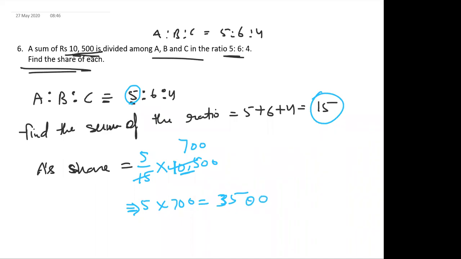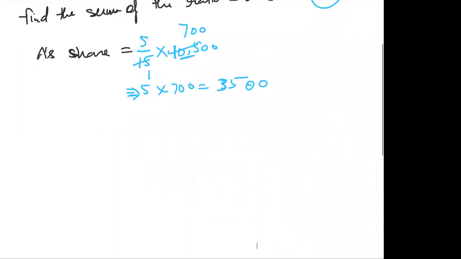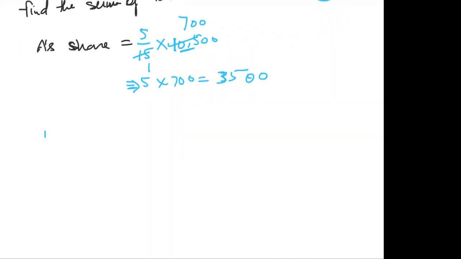Now find B and C's share. Share of B and share of C. Find fast. B's share, how are you going to find it? Tell me fast.